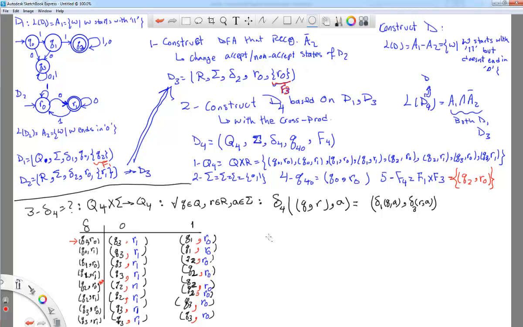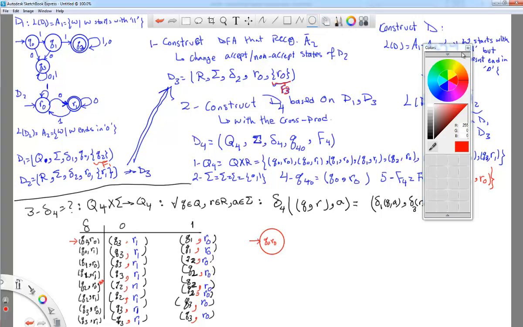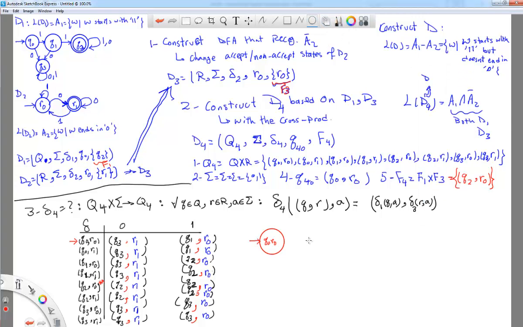So let's draw its state diagram. We start with the start state, which is Q sub 0 R sub 0. Then Q sub 0 R sub 0 with a 0 goes to Q sub 3 R sub 1.